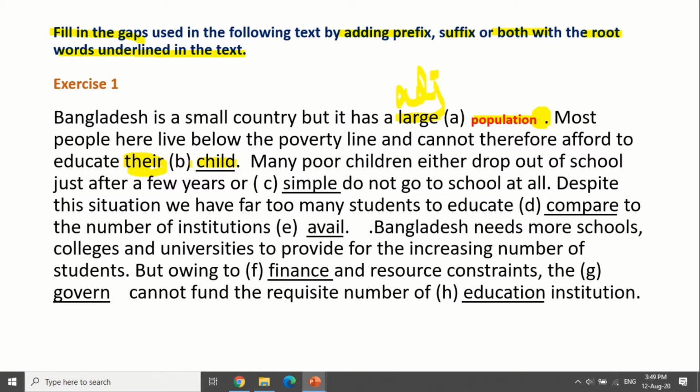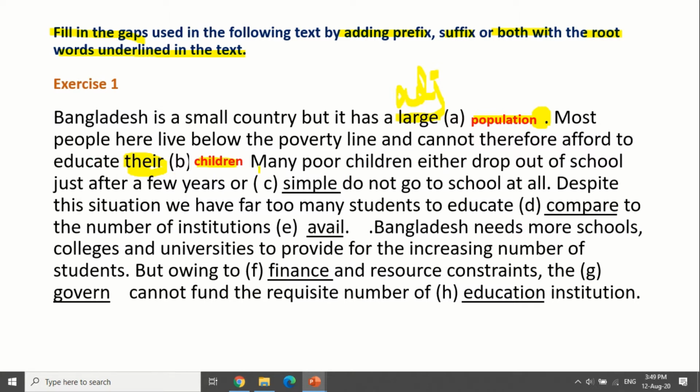Can you tell me? Right. We have to add R-E-N with child. So the word will become children, and cannot therefore afford to educate their children.